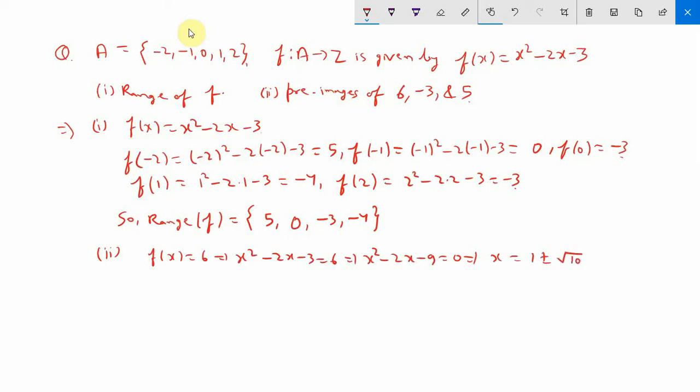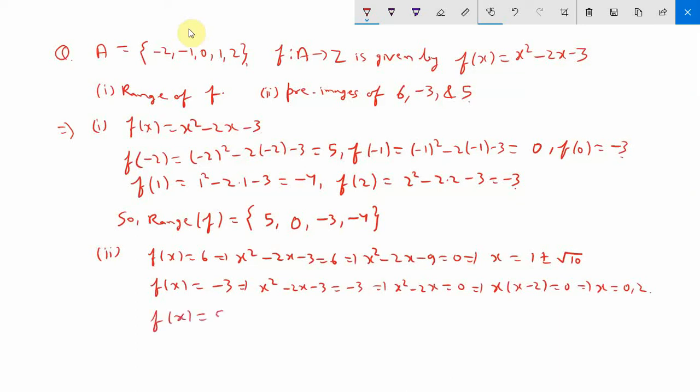Next is f of x equal to minus 3. So x square minus 2x minus 3 equal to minus 3, or x square minus 2x equal to 0. It will give x into x minus 2 equal to 0, or x equal to 0 or 2. Third one is f of x equal to 5.